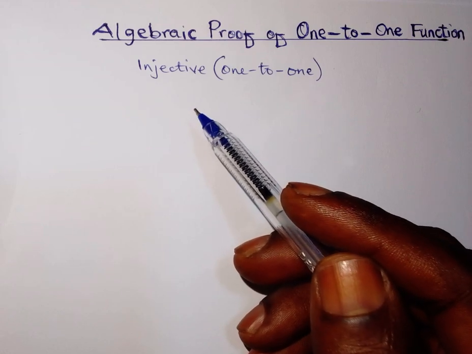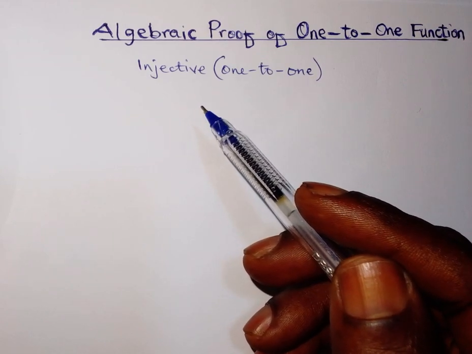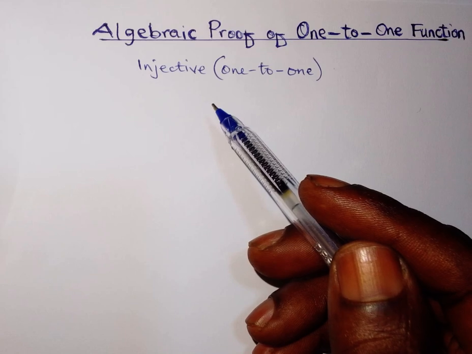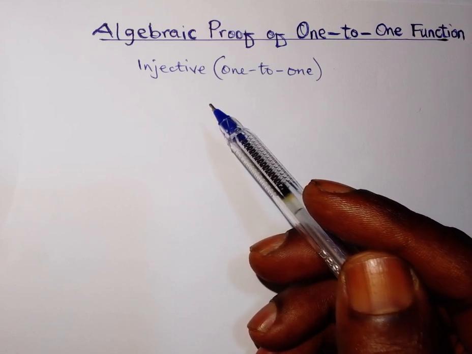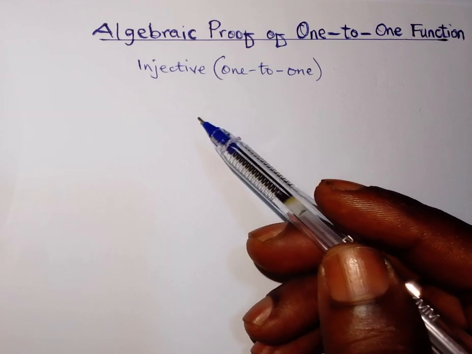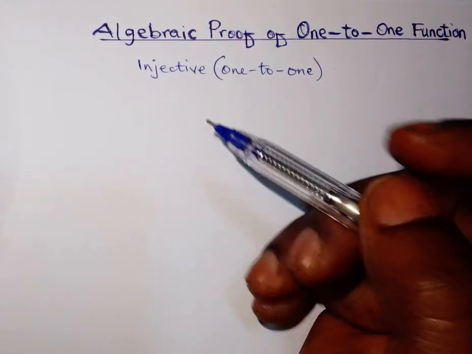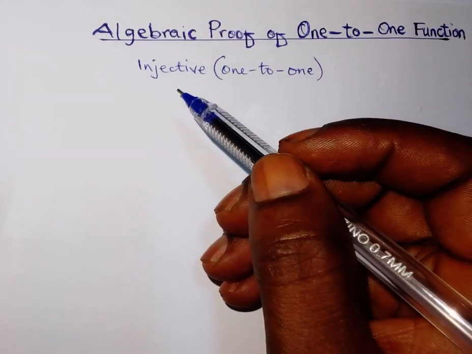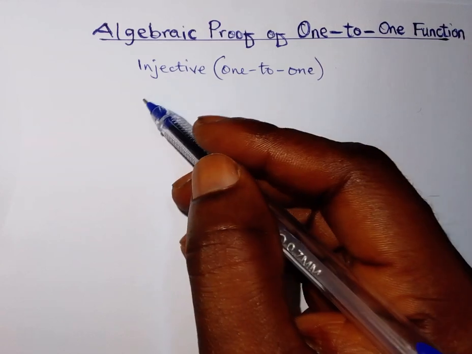Now, when we say a function is one-to-one, algebraically, a function is one-to-one if and only if we have this.